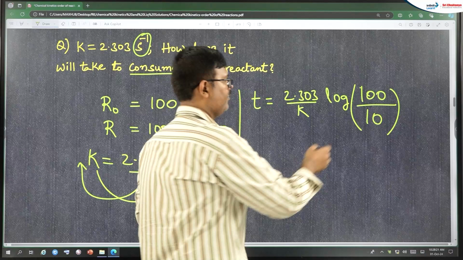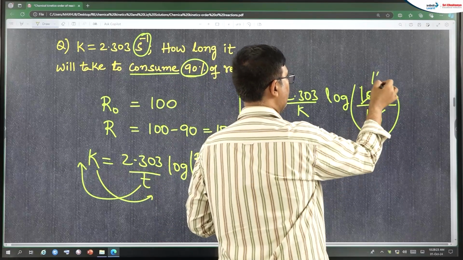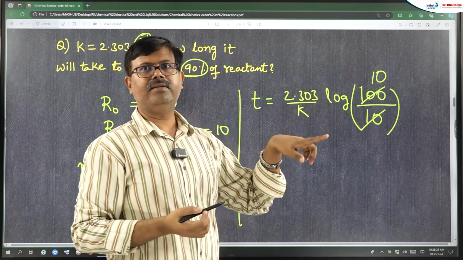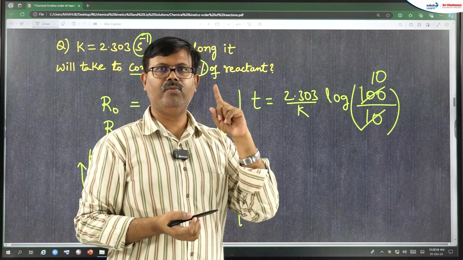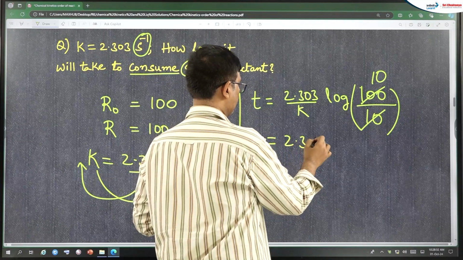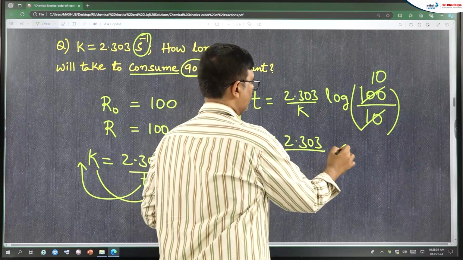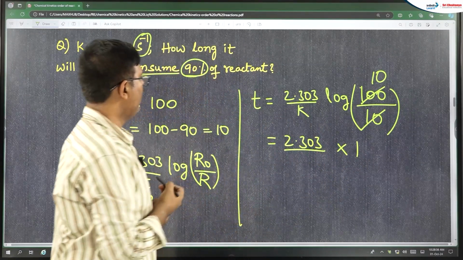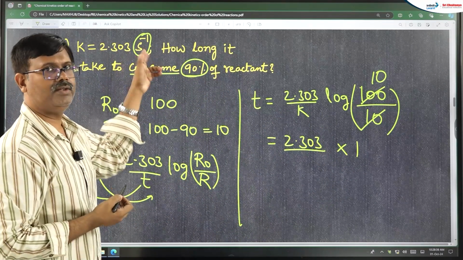Hundred by 10 is how much? 10 times. Log 10 base 10 is how much? 1. And the K value is given as how much? 2.303.